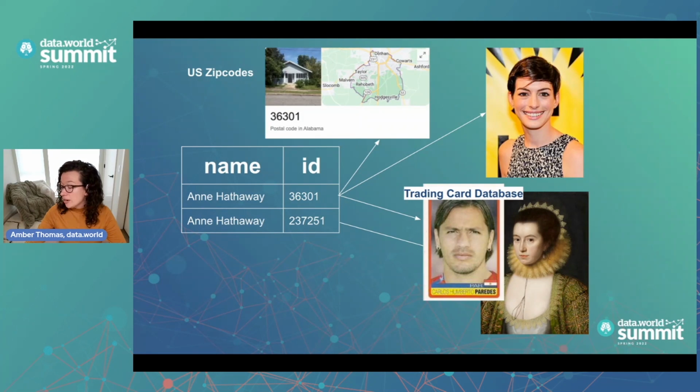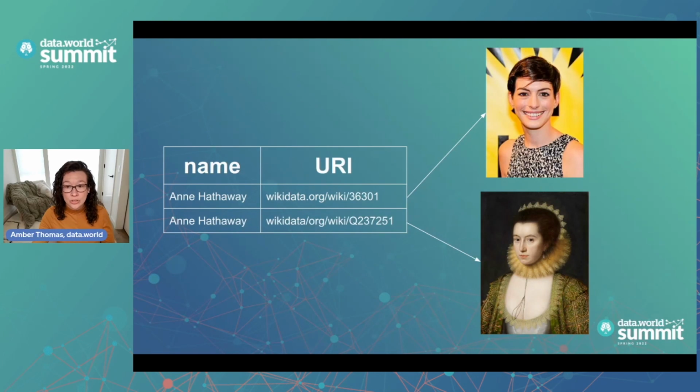So another way to identify different values within your data sets, rather than using a string, well, in this case, a string of numbers, you could use what we call a URI. Now, much like a URL on the internet, these are unique.